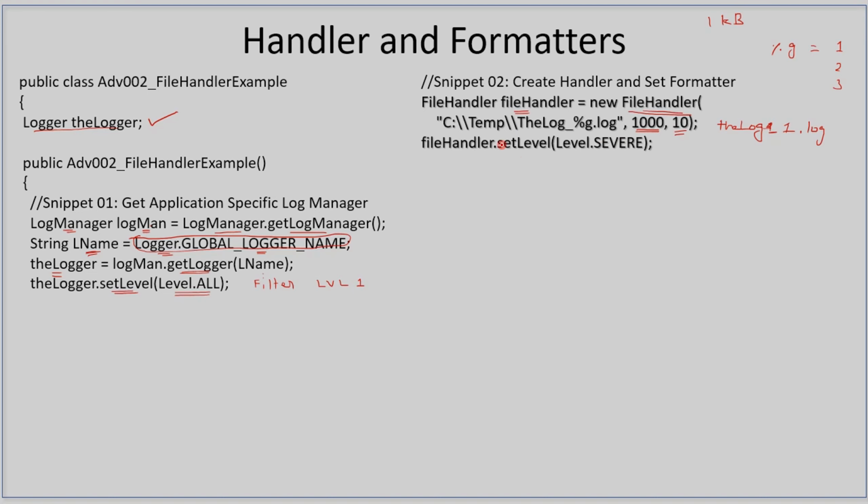We will see that in detail. Next, at the handler level, we are setting the log level. Here we are allowing only the severe messages. That means if you log a deeper message like info or finer, those will not get passed through this file handler.